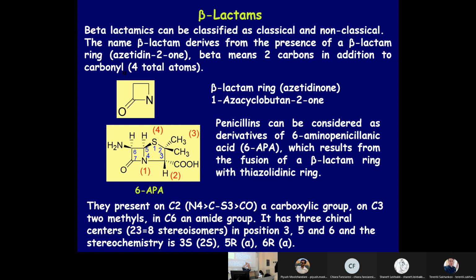Beta-lactam ring, you see 4 atoms. So this is carbon 3, carbon 5, and carbon 6. It is important that these 2 hydrogen atoms remain under the plane in alpha position, you see.